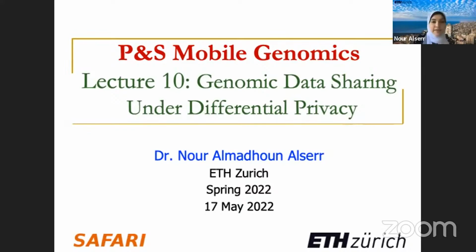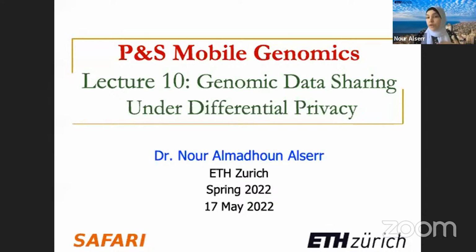Welcome to the 10th lecture of the PNS mobile genomics. As Mohammed mentioned, today we are going to cover another topic other than the previous lectures. We are going to talk about the genomic data sharing, what are the limitations and the challenges, and one of these limitations is the data privacy.